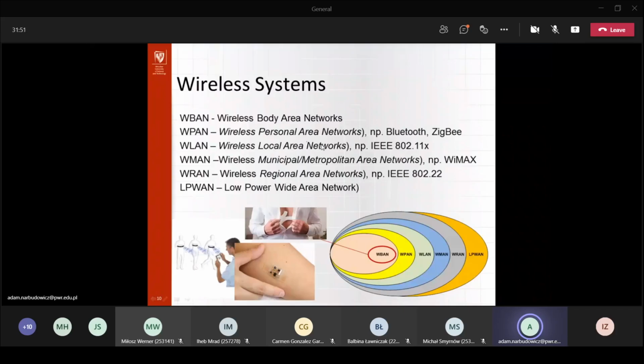Okay, then when we go in the other direction, we have the wireless personal area networks and wireless body area networks. So personal area basically means anything that surrounds you, really. So over here we have the Bluetooth and Zigbee standards.